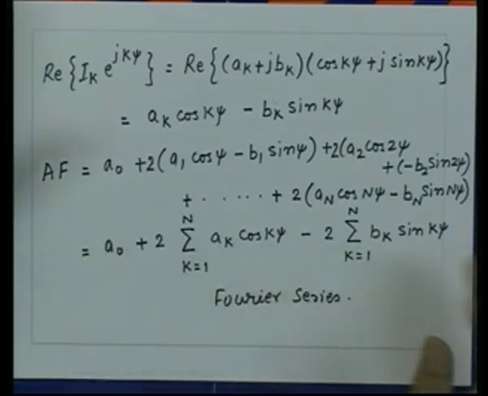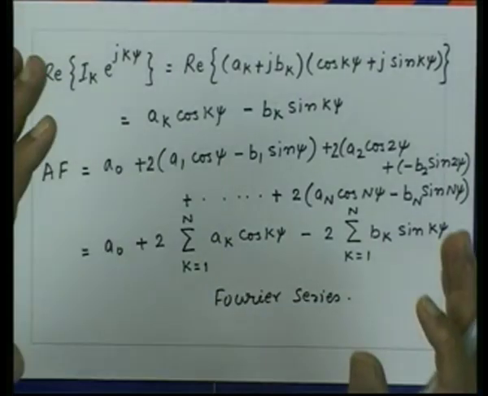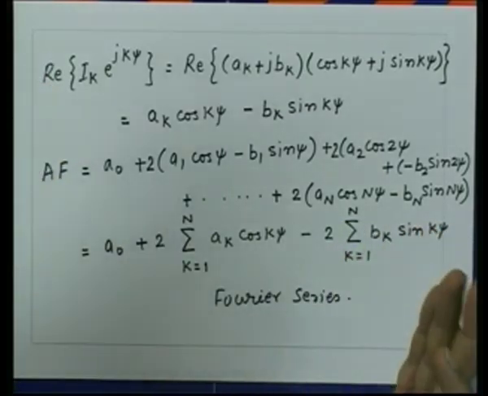Now, this relationship we had seen earlier in general, which was the Fourier transform relationship between the current distribution and the radiation pattern. The same thing we are now seeing in terms of the discrete current distribution, and since we have a periodicity in psi, as we know that the radiation pattern is periodic over psi, instead of a Fourier transform, essentially we get a Fourier series in this case.